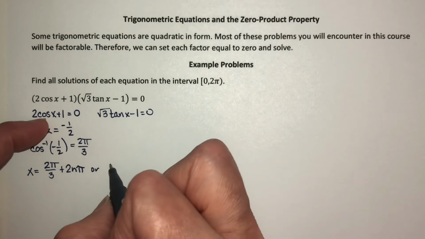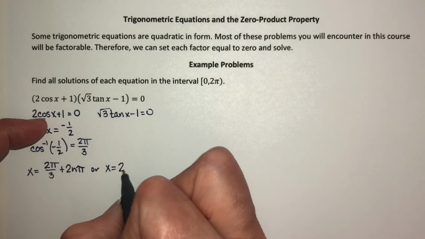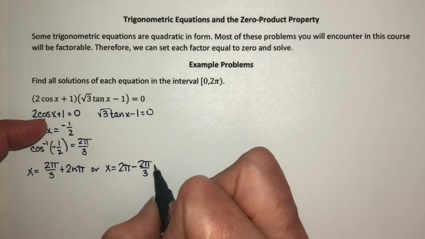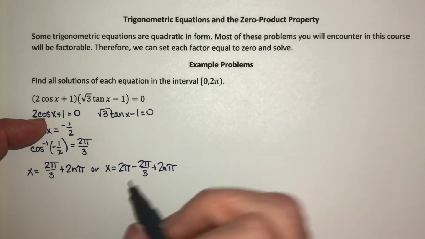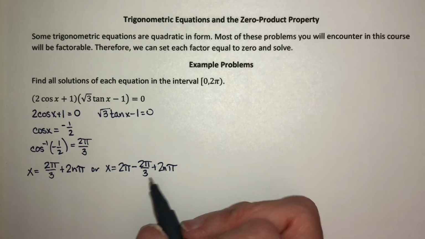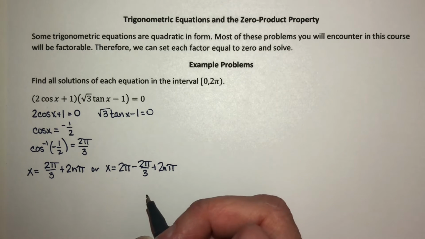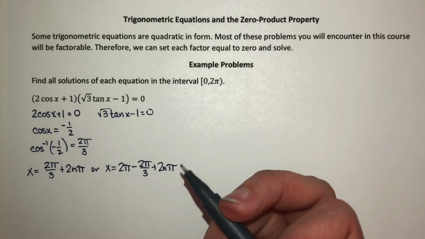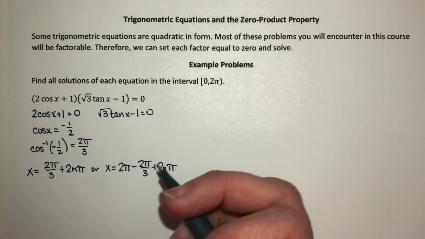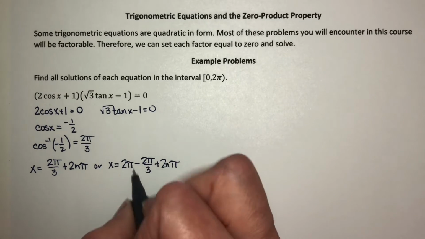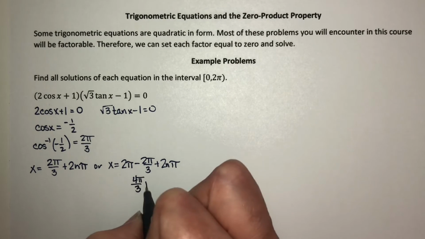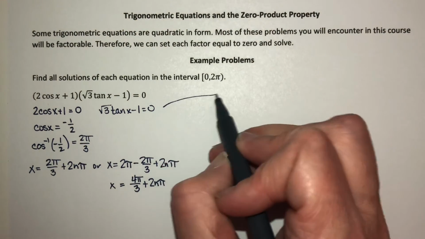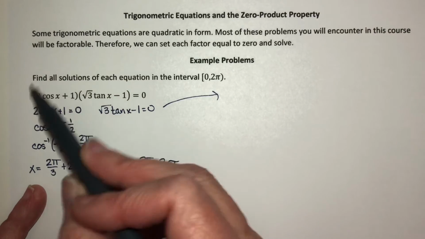Or, since this is cosine, your x will be 2 pi minus 2 pi over 3 plus 2n pi. And that ends up being 4 pi over 3. Okay, so these are the solutions that come from this first factor.